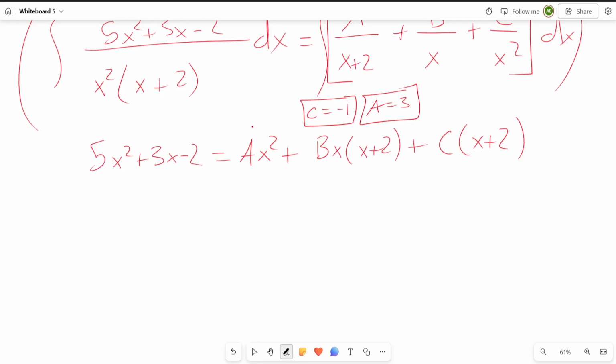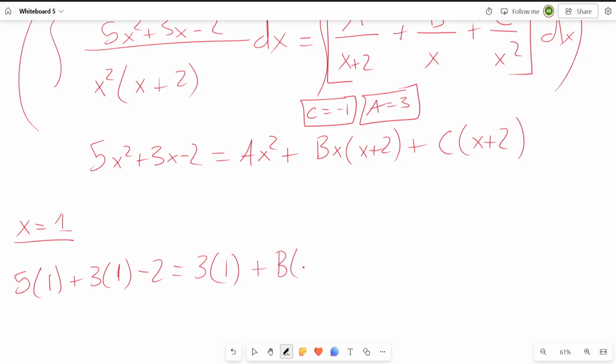Now, let's do the final substitution. Over here, we have the value of a and we have the value of c. So if we substitute any x, we can find the b value. Let's choose a simple x value. Let's choose 1. So this is going to be 5 times 1 squared, which is 1, plus 3 times 1 minus 2 equals a, which is 3, times 1 squared, so times 1, plus b times x, which is 1, times 1 plus 2, which is 3, plus c, which is minus 1, times 1 plus 2, which is basically 3.